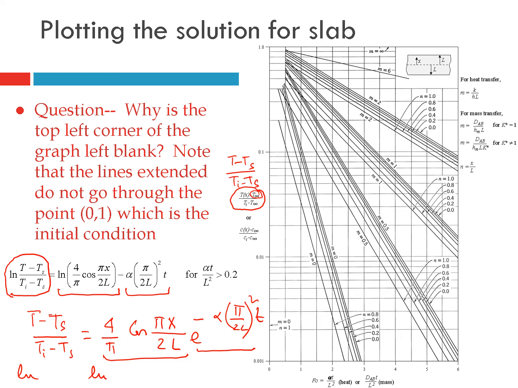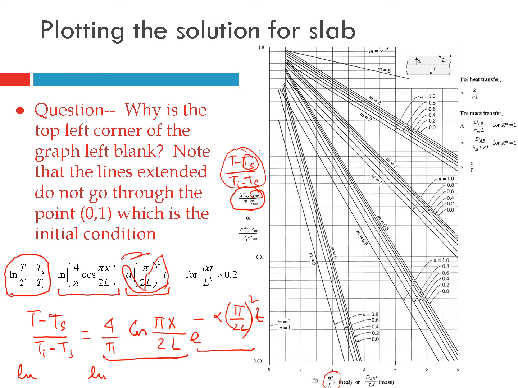Think of T infinity as your Ts. So we have T minus Ts over Ti minus Ts here versus alpha t over L square here.